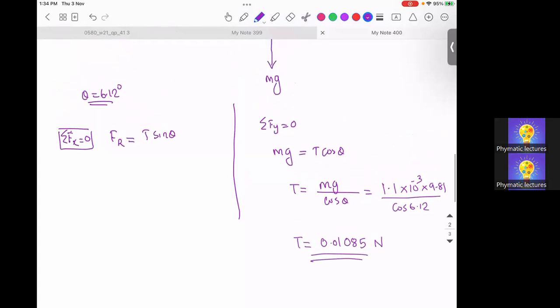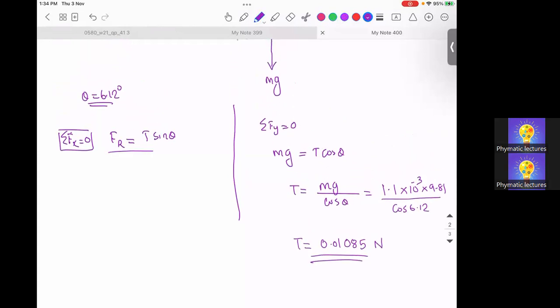How will this help us to find the repulsive force? The repulsive force is T sine theta, that is 0.01085 into sine 6.12, because we already know the angle. So you just multiply it with the sine of 6.12, and that will help us to find the value as 0.01157 Newton.